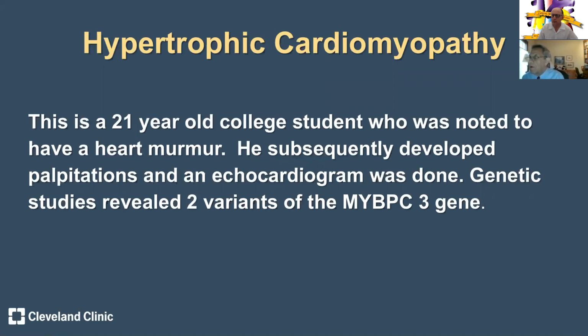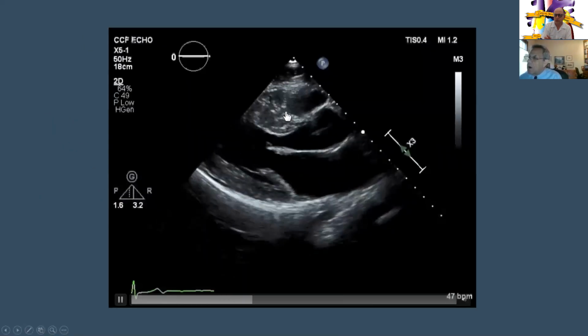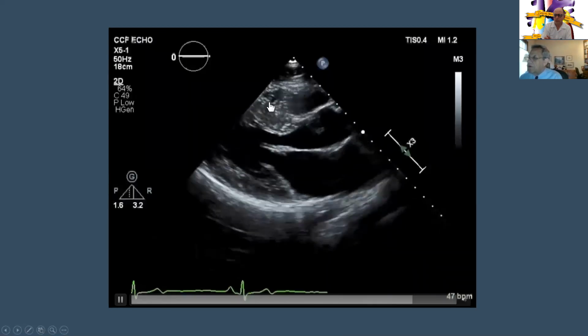First is a 21-year-old college student who was noted to have a heart murmur. He subsequently developed palpitations and an echocardiogram was done. Genetic studies revealed two variants of the myosin-binding protein C3 gene. This is a parasternal long axis view showing rather significant left ventricular hypertrophy involving the septum.